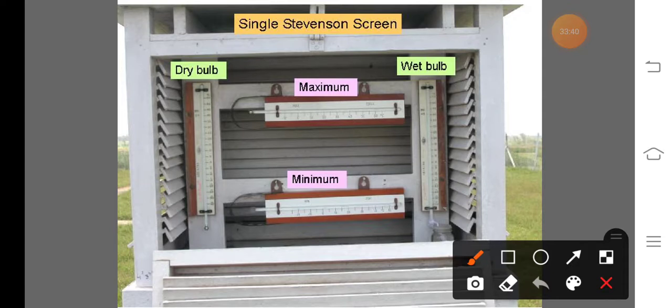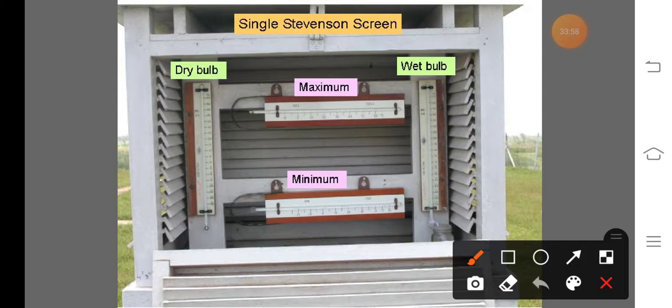So this is about the maximum thermometer.